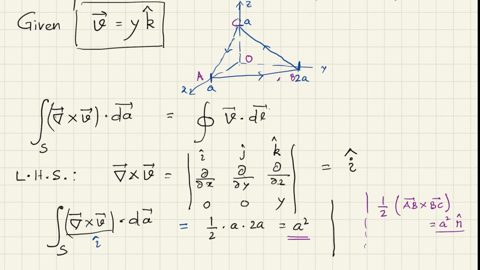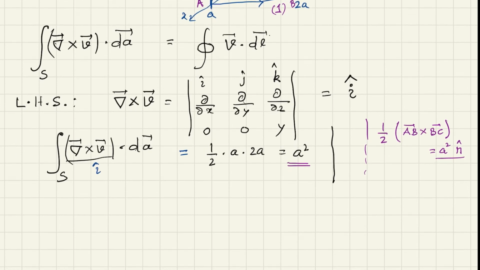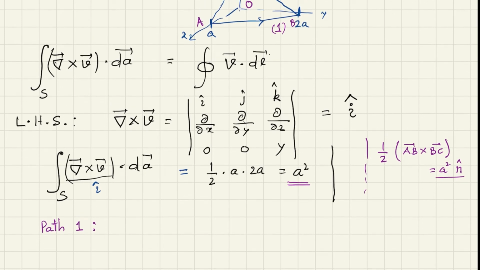Let me call them path 1, path 2, and path 3, and we'll do this separately. So for path 1, we have to calculate v dot dl for each of them. How do I write down my dl?